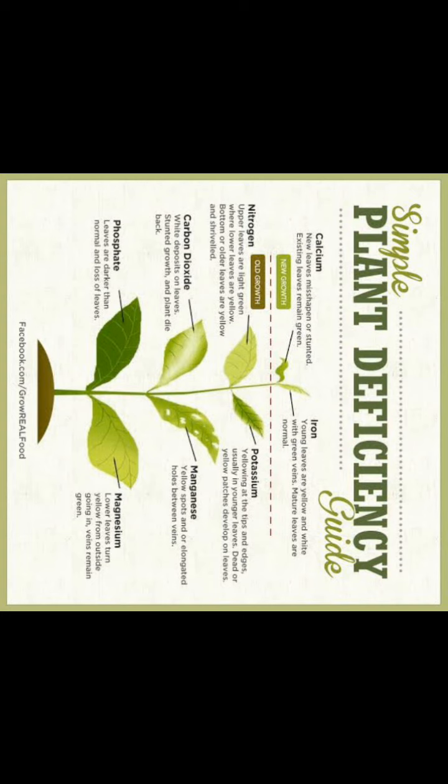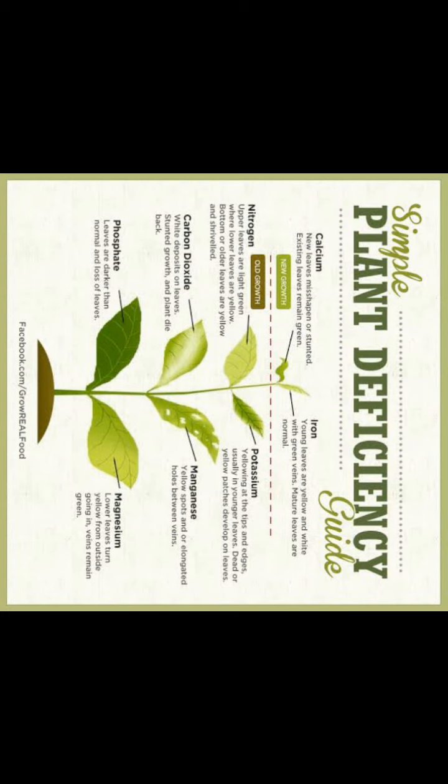You can see in this diagram, for example, the deficiency symptoms of nitrogen, potassium and magnesium are visible first in the senescent leaves. It means old leaves. You can see on the screen old leaves, in the sense older leaves.